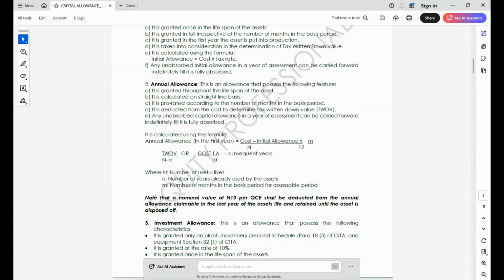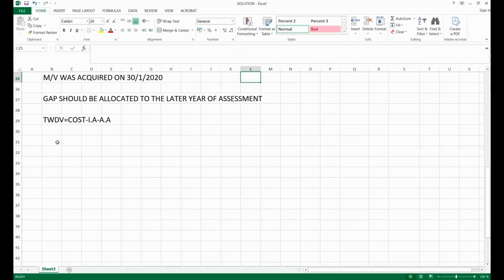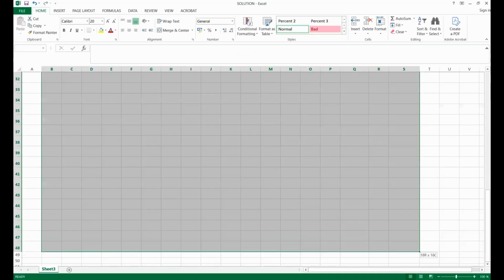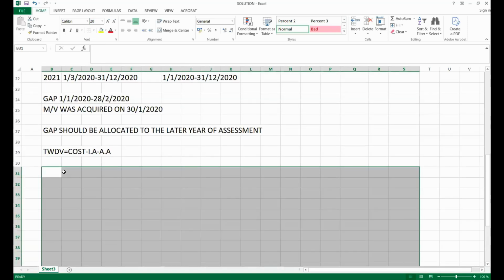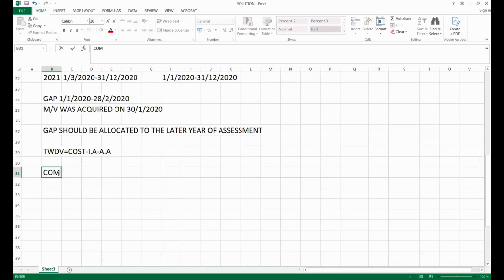So how do we calculate this annual allowance? I'm going to work through that. Computation of annual allowance depends on the year of assessment.